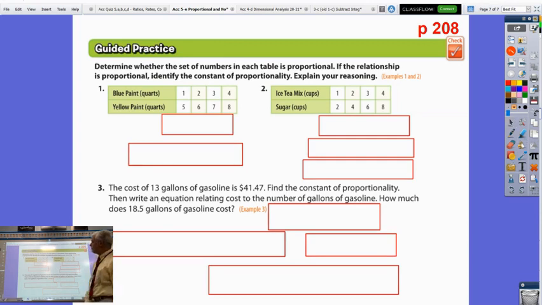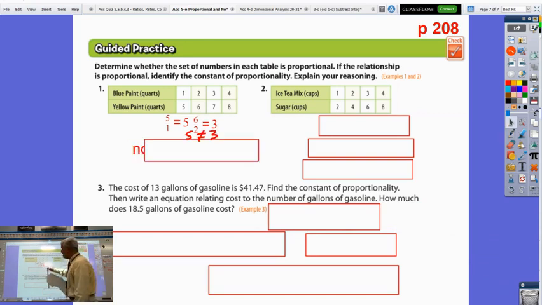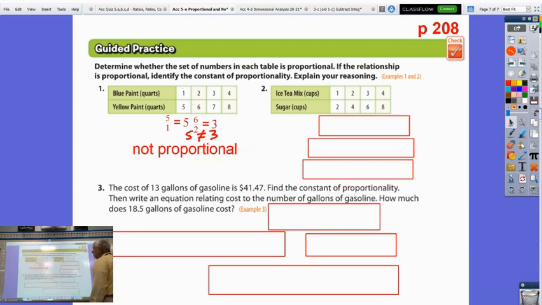Number 1. Show the work to show if it's proportional. 5 divided by 1 is 5. 6 divided by 2 is 3. I don't need to show any more work. You might want to just write here, 5 does not equal 3, and therefore this one is not proportional. Number 2. Cups of iced tea and cups of sugar.